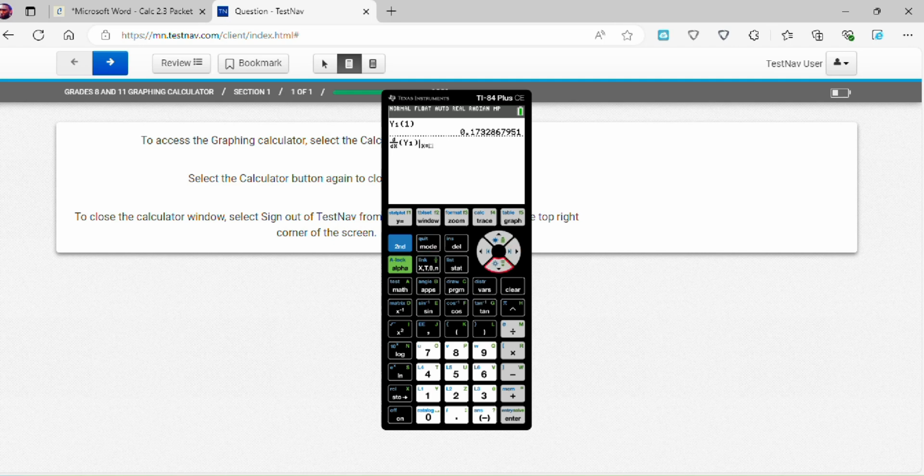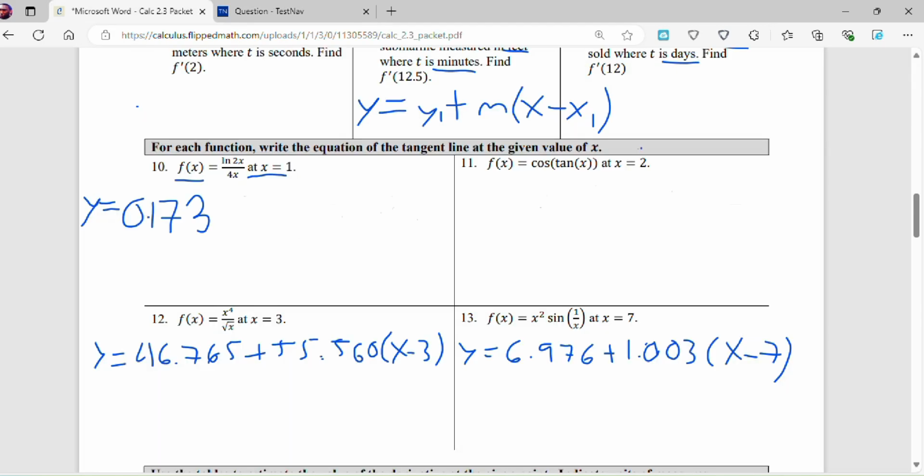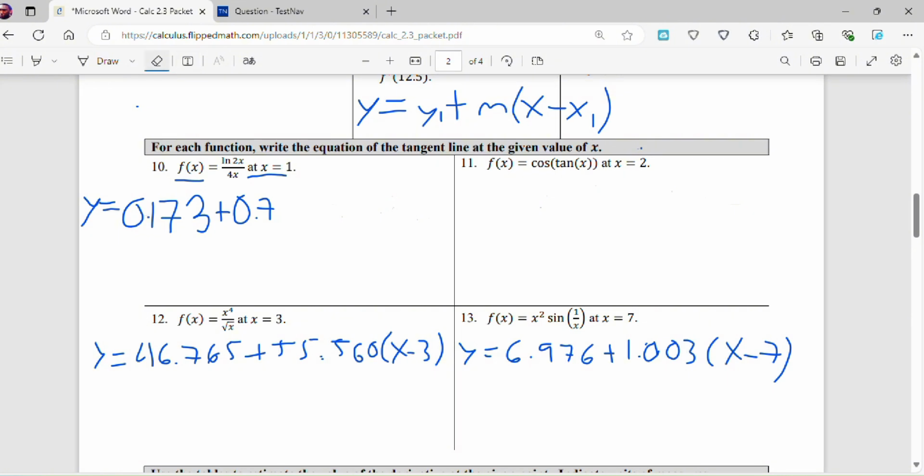Put in your y1, and then at x equals 1, you get your derivative to be 0.076. So plus 0.07 times x minus 1. And there you go.